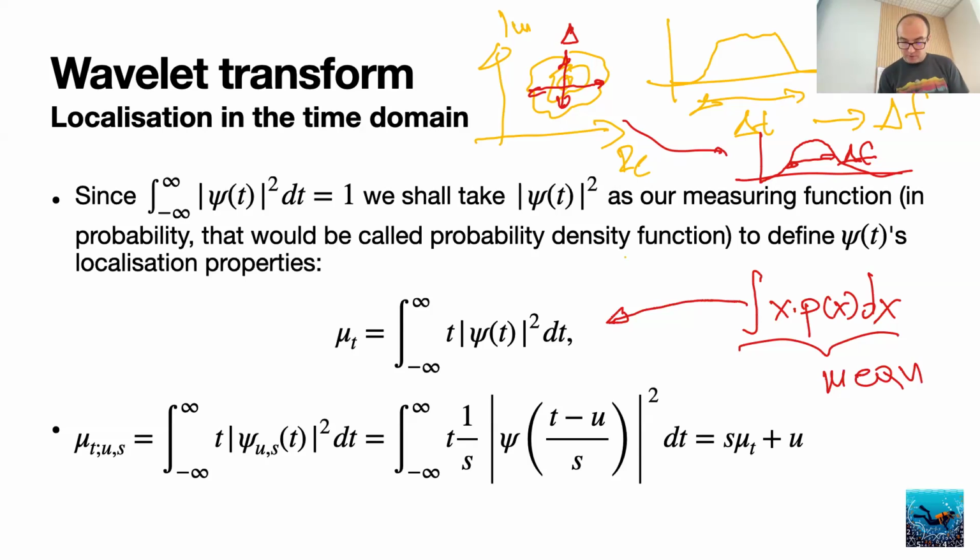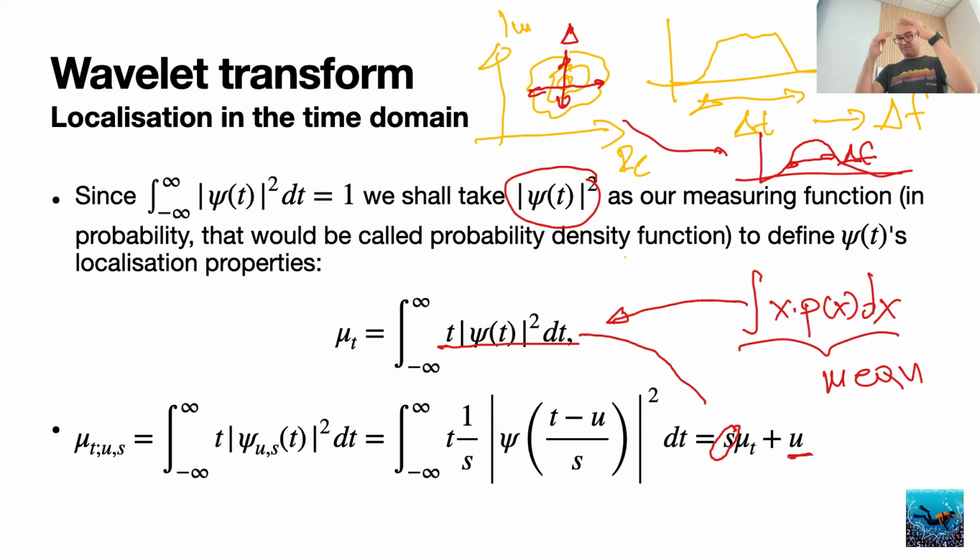So we are taking the modulus of our wavelet, and since it is a complex function, we take the absolute value squared, and we would like to find its spread in the time domain. A simple formula, and then what we realize is the spread is changing according to scale plus how we are moving it left or right.